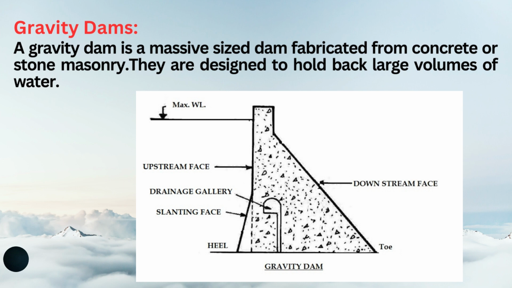A gravity dam is a massive structure, huge in size, which is constructed using concrete. They are used to hold large volumes of water. Basically the weight of the concrete itself resists the flow of water coming on it.